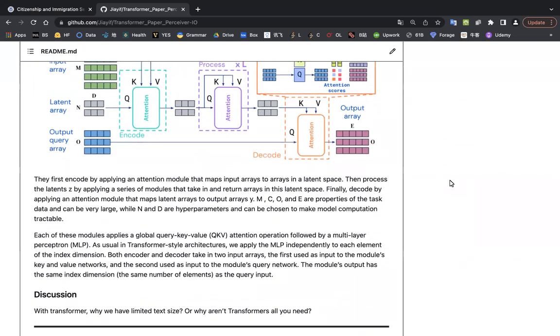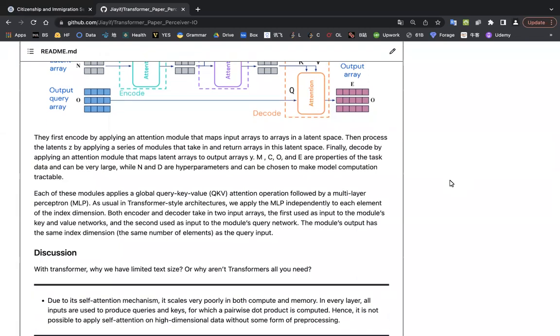So for discussion here, why do transformers have limited text size, or why isn't the transformer all we need? It is because the self-attention mechanism scales very poorly in both compute and memory. In every layer, all inputs are used to produce queries and keys for which a pairwise dot product is computed.